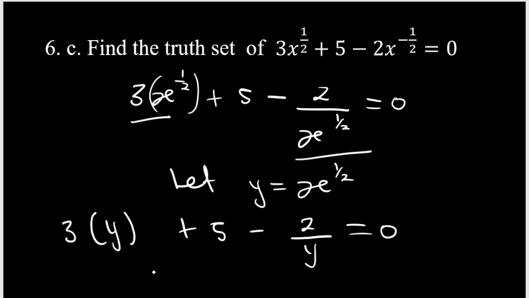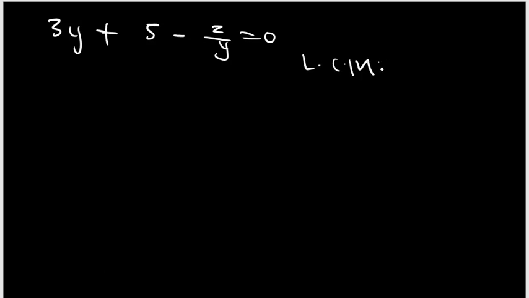So we are having an equation here involving a variable y. Let's solve for y. So we have 3y + 5 - 2/y = 0. In this case, we have a fraction and the denominator is y, so we try finding the LCM. Our LCM is going to be y.